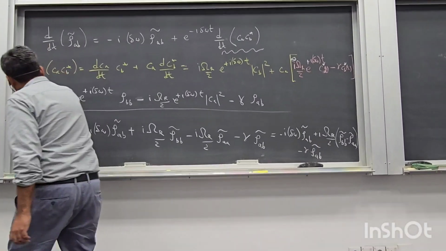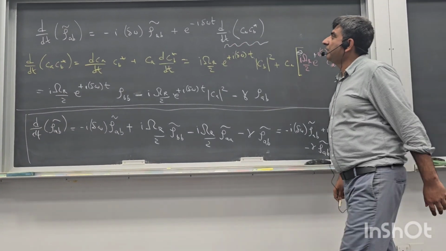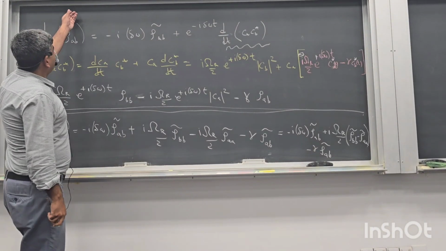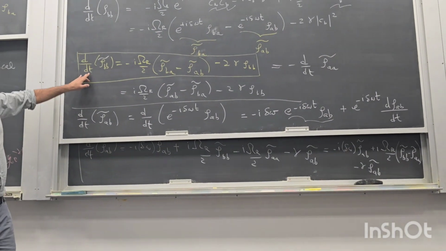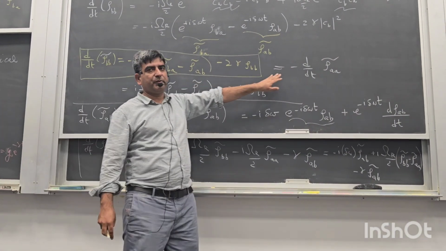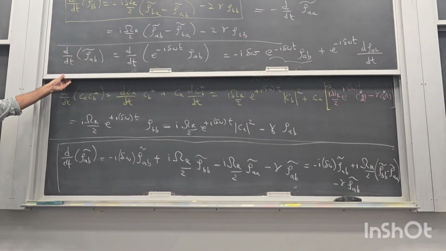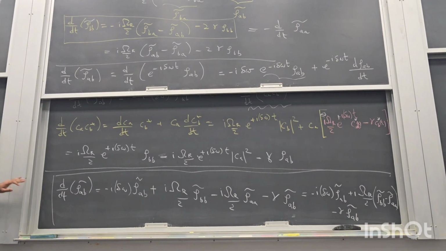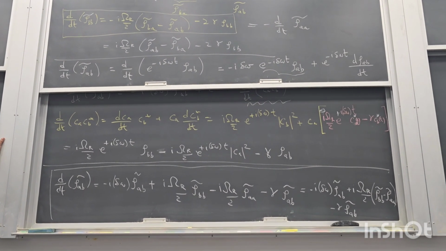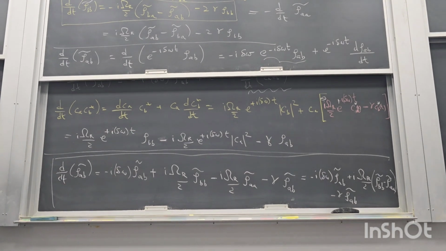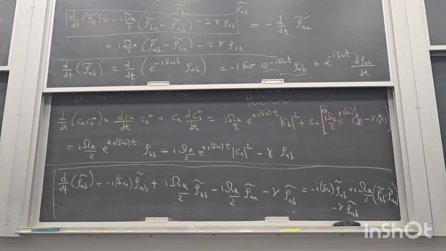Now what I've done is I've achieved something phenomenal. I now have a rate of decay for a population, in fact for both populations in one go, and I have a rate of decay for the coherences. Now each coherence, by the way, is a complex number. Population is a real number.